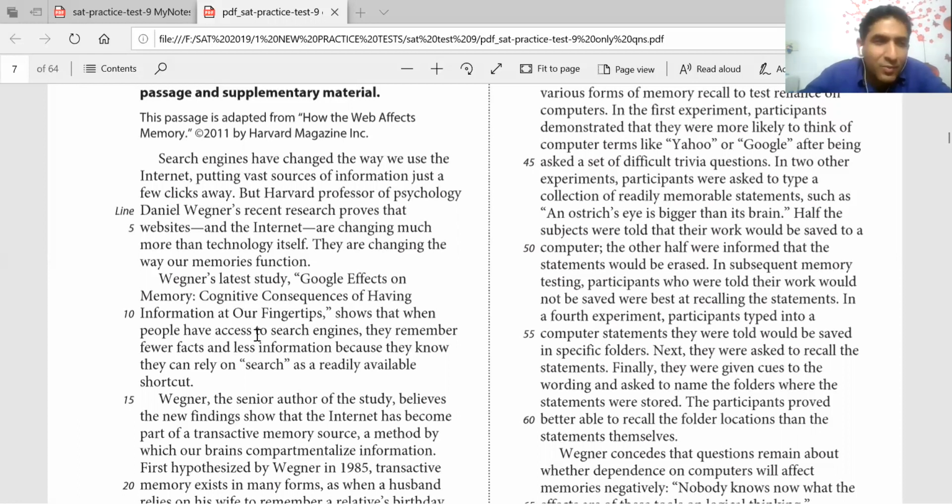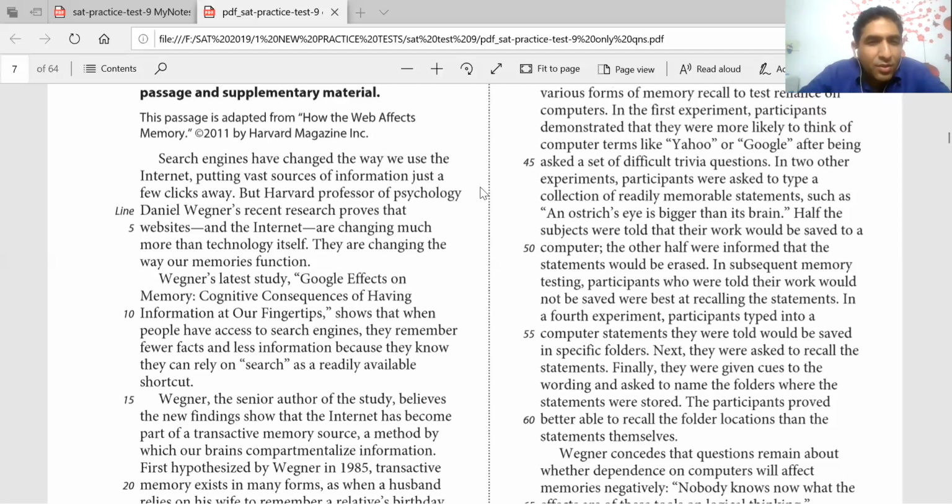There are different experiments done, and the ultimate conclusion is that we still require memory, but the need for memory is more towards remembering the source of information rather than what the information is. So that's about this particular passage, and we're going to do the questions together now.